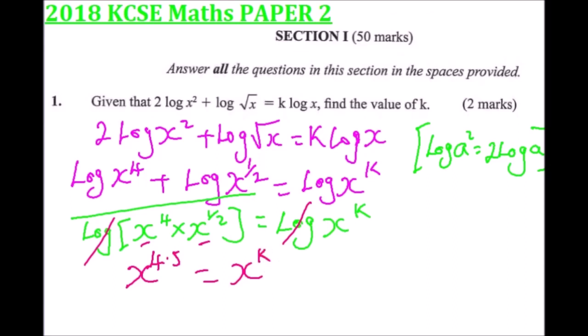Because we now have the same base, which is x, it implies that k is equal to 4.5. That is, the powers are the same. So if x raised to power 4.5 is equal to x to power k, then k is the same as 4.5, and that is how you do that question.